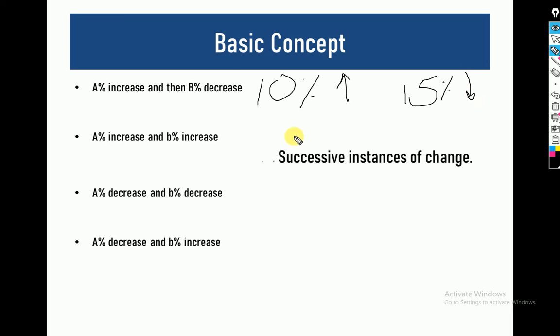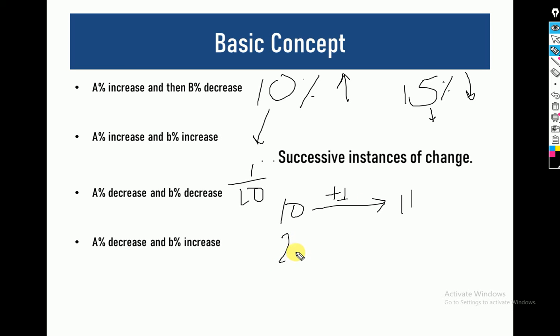For these we have to know the fractional values also. For 10% we know that the fractional value is 1 by 10. So it says 10% increase. From 10 the value has increased to 11, and there is plus 1. Then it says 15% decrease. The fractional value of 15% is 3 by 20.